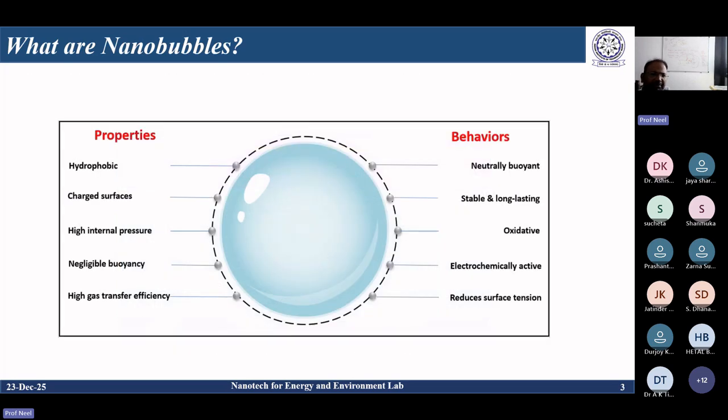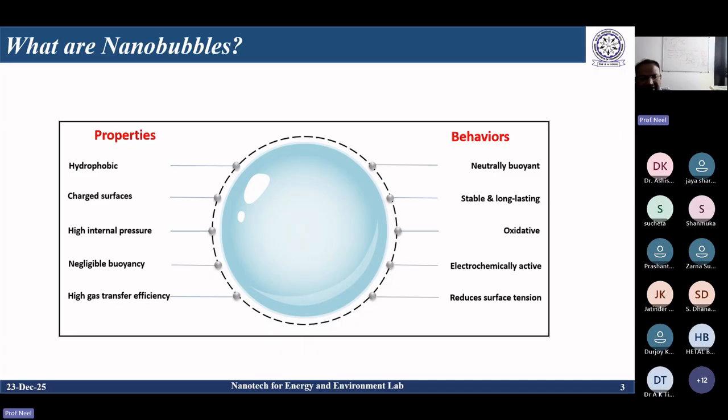If I talk about the properties of these bubbles, they are neutrally buoyant. The buoyancy is not there because the size is much smaller. The size is typically 100 nanometers, and that's why it is neutrally buoyant. It doesn't rise in the liquid. It is a stable kind of bubble.